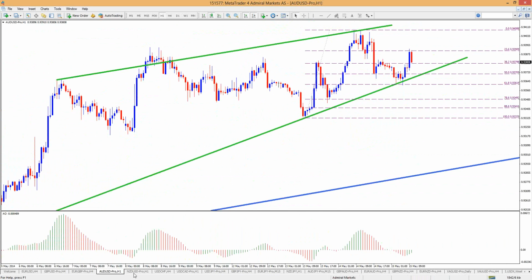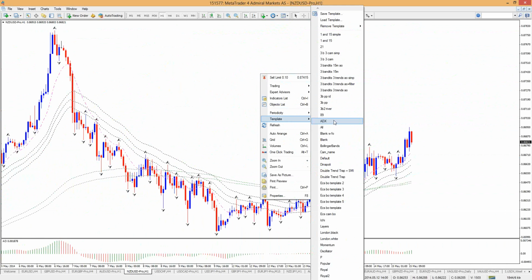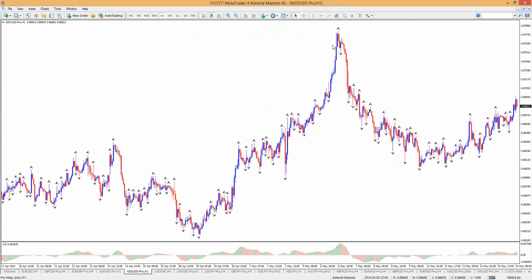That's about it, I guess. Let's see if there's something else. Kiwi. The Kiwi is looking a bit more interesting, I would say.